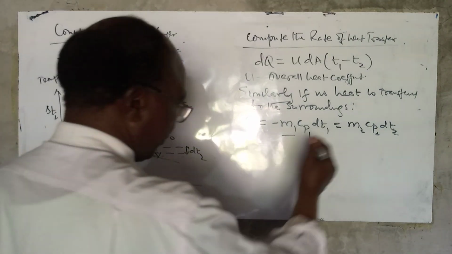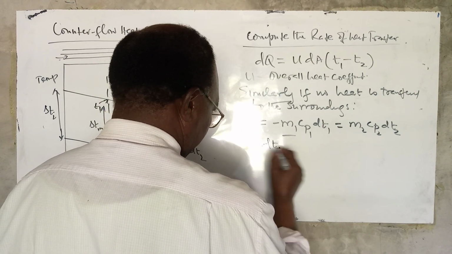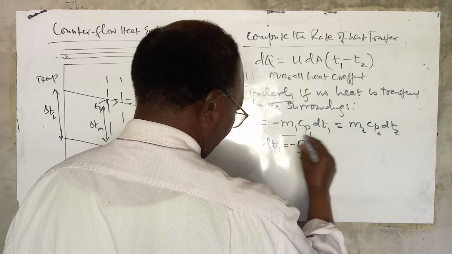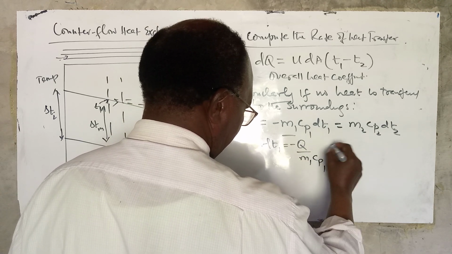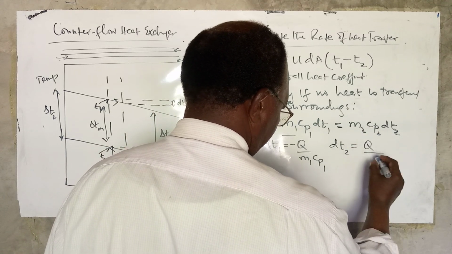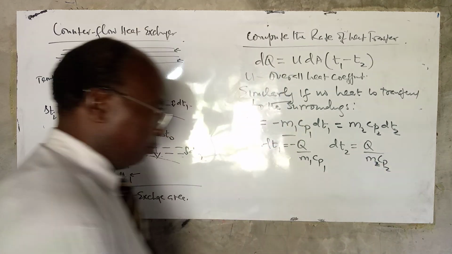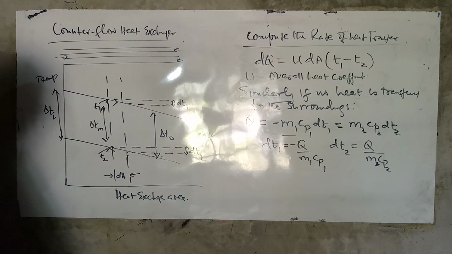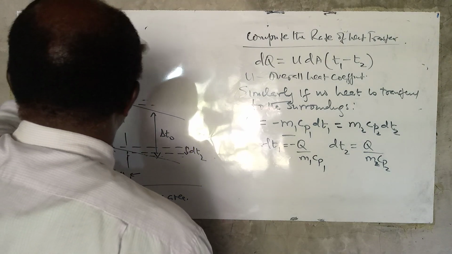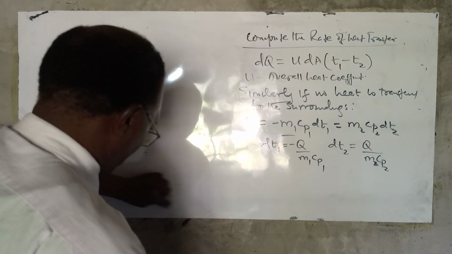And so, dT1 is simply minus Q over M1 CP1. And dT2 is simply Q over M2 CP2. So now our life is easy. Our life has been made easy now, so we can quickly get expressions related to these flows.